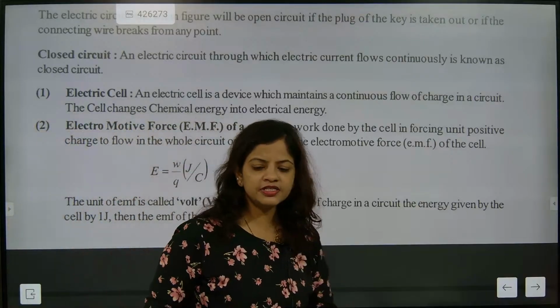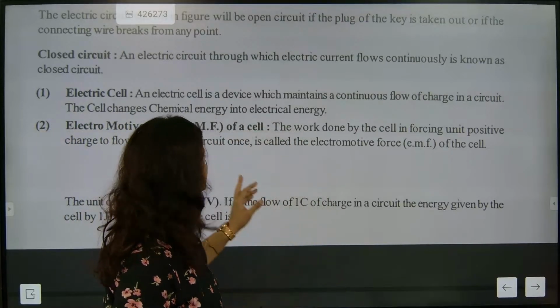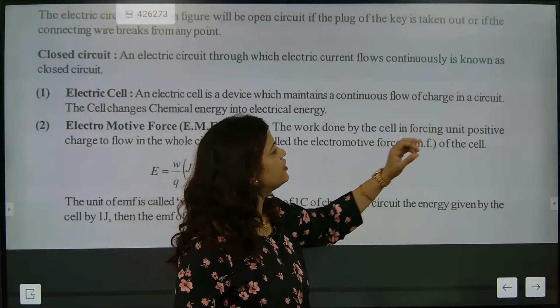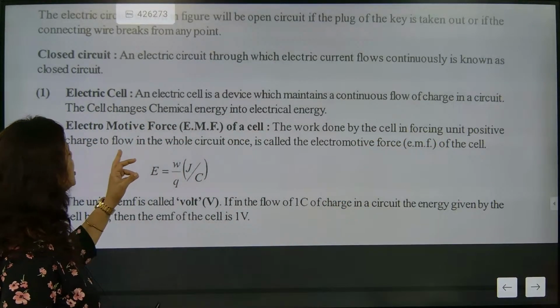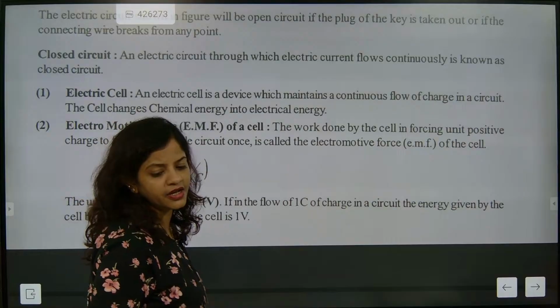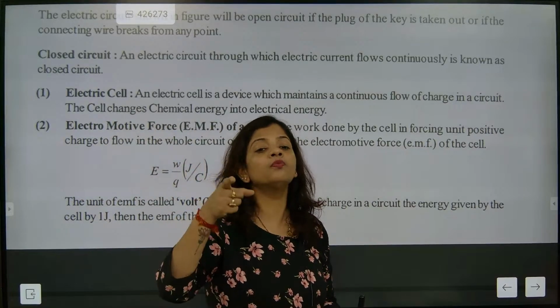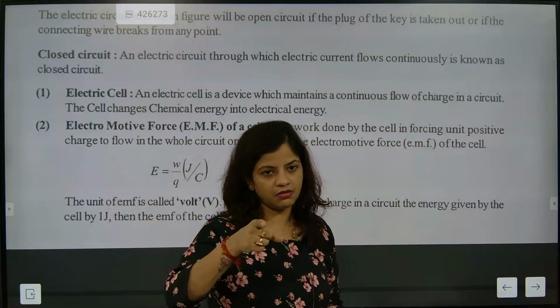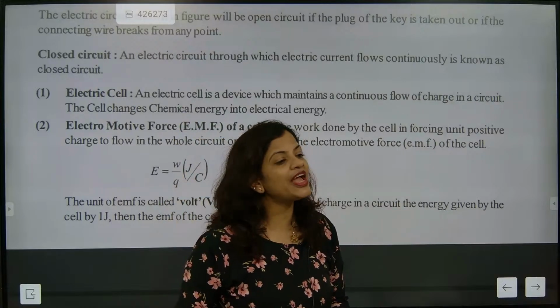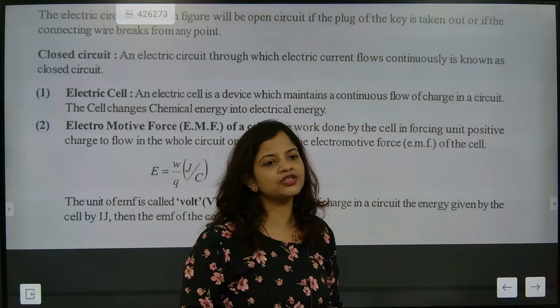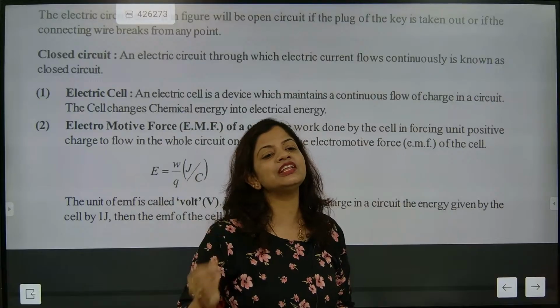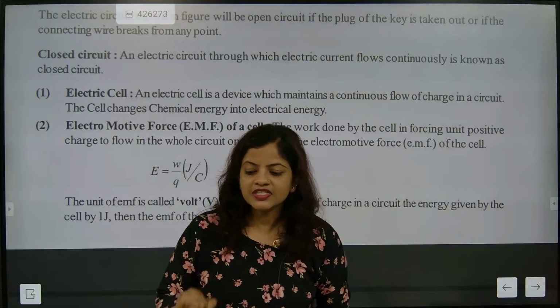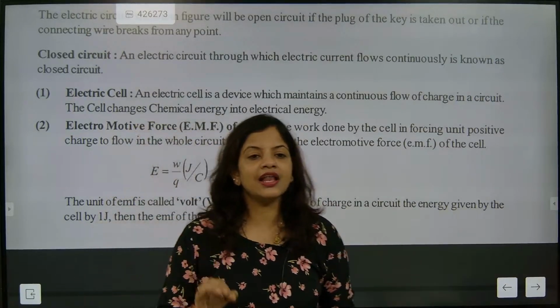In simple terms, electromotive force is the work done by the cell in forcing unit positive charge to flow in the whole circuit. The work done by whom? The cell. The cell has a chemical reaction, and this chemical reaction releases electrons.